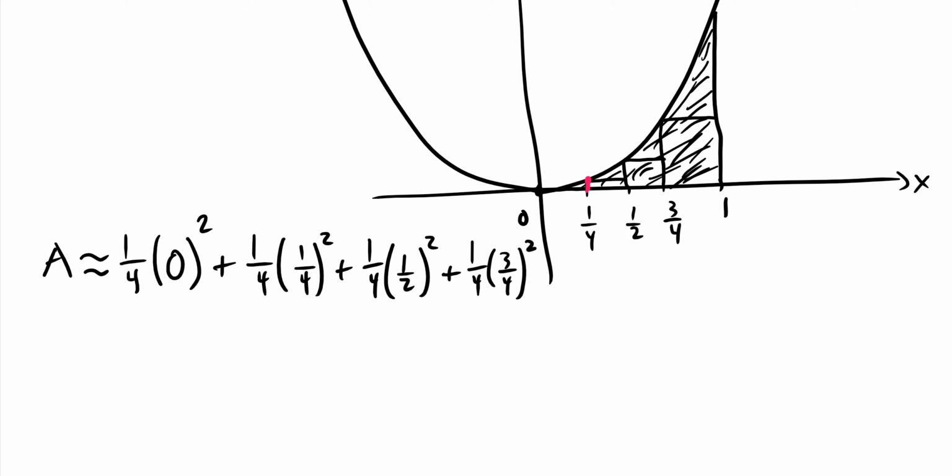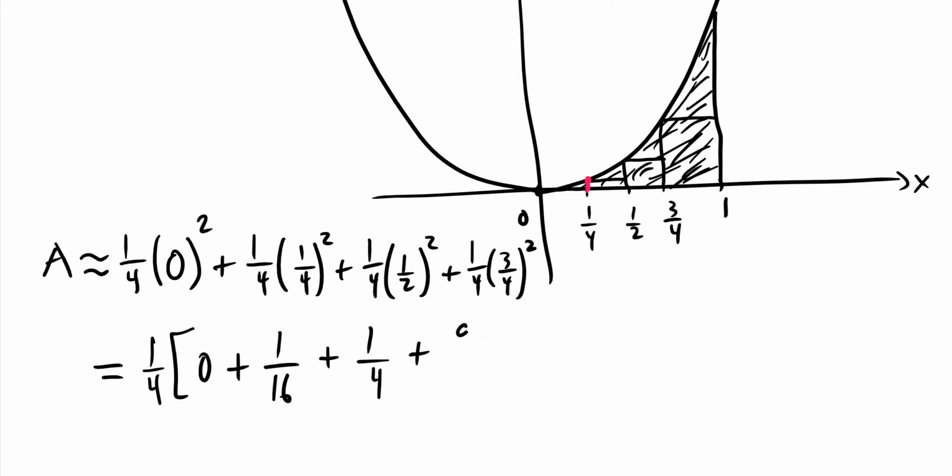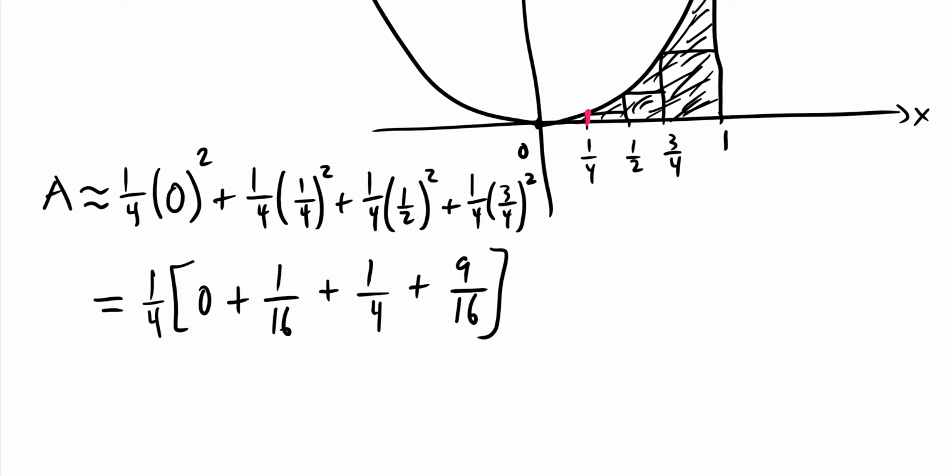So then this equals, you can factor 1/4 out. That gives us 0 plus 1/16 plus 1/4 plus 9/16. So that gives me the area of all the rectangles, which I found to be 0.21875.